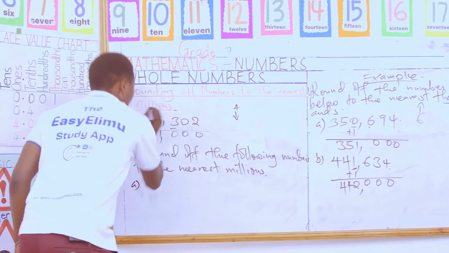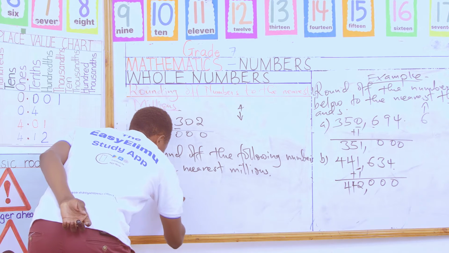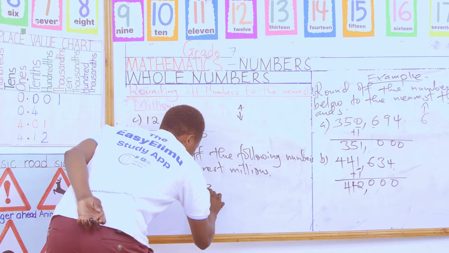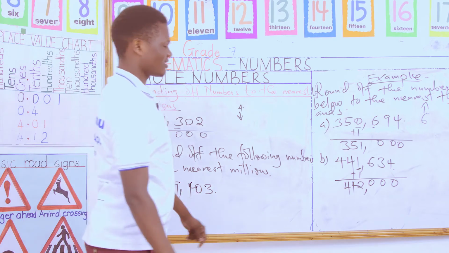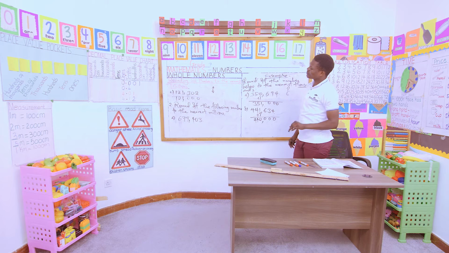A, we have 679,403. So we want to round off that number to the nearest million.